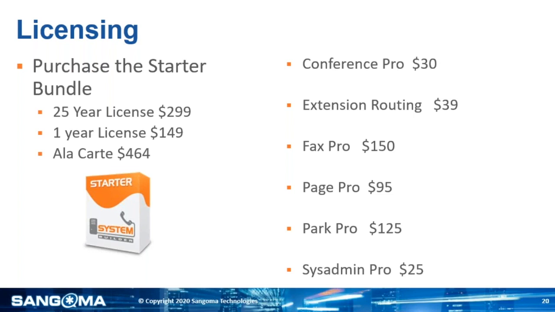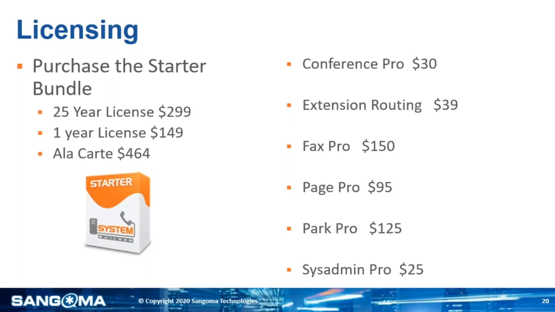When you buy a 25-year license at $299, you get 1 year of updates and commercial module support. Any updates you would want on those modules afterwards, you do have to pay a module renewal price. And if you go to the wiki, so again, wiki.sangoma.com, type in module renewal, and it'll show you how you can do that.